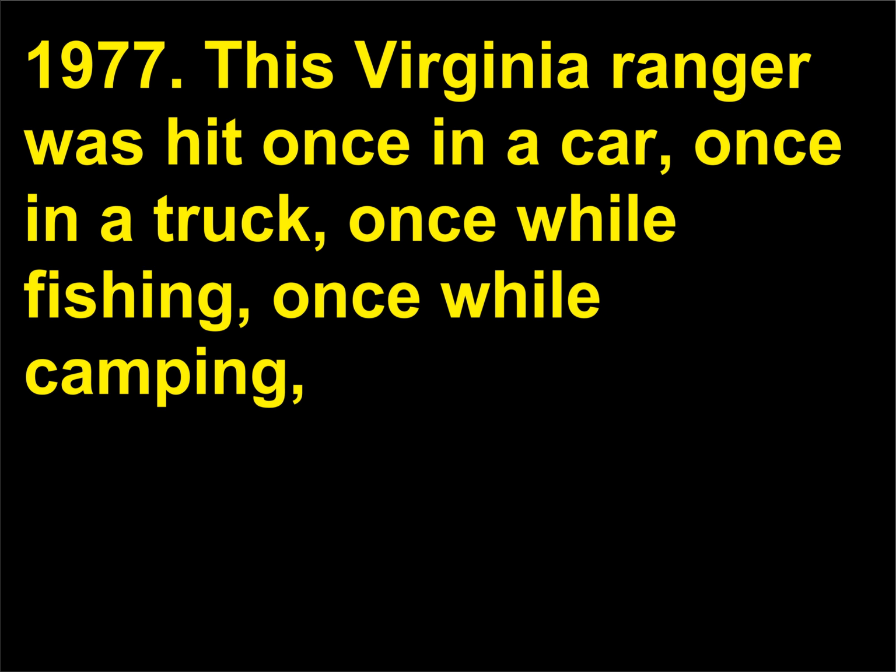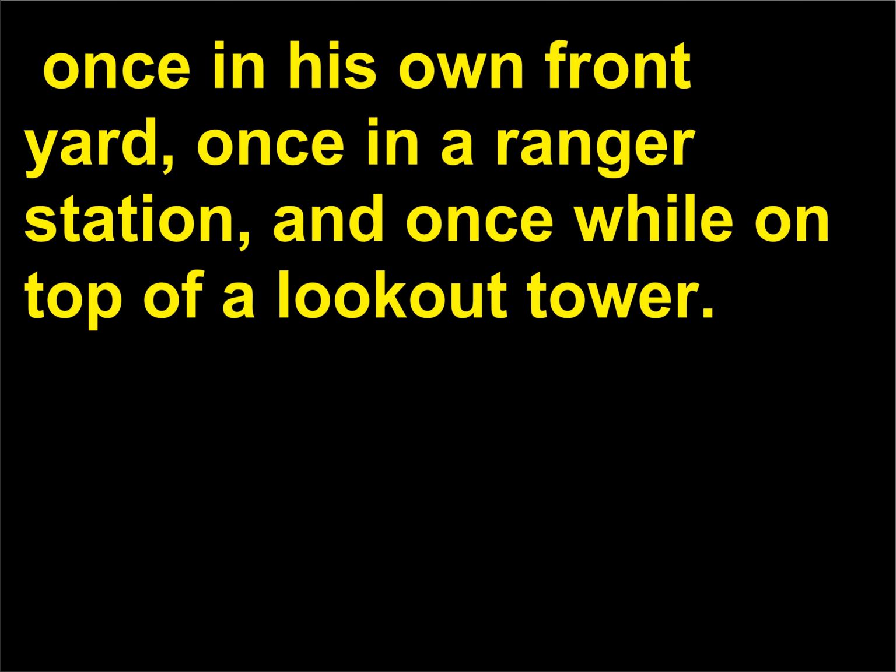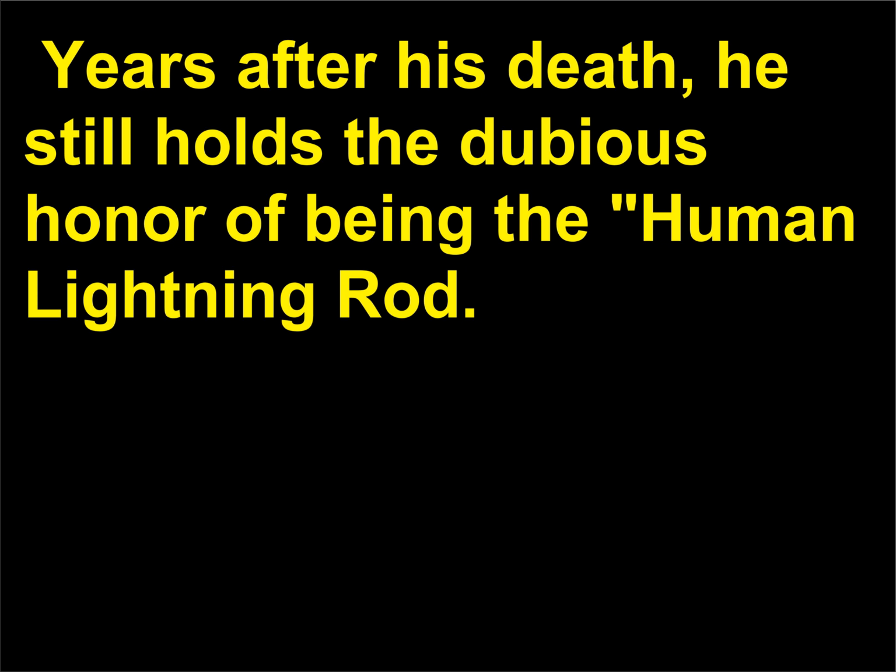This Virginia ranger was hit once in a car, once in a truck, once while fishing, once while camping, once in his own front yard, once in a ranger station, and once while on top of a lookout tower. Years after his death, he still holds the dubious honor of being the human lightning rod.